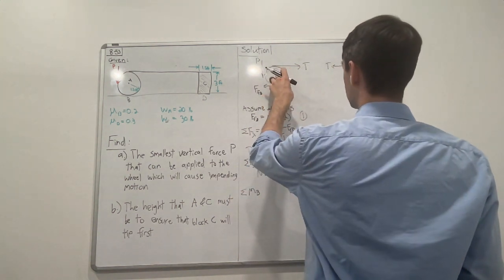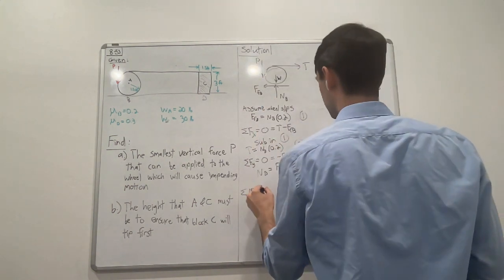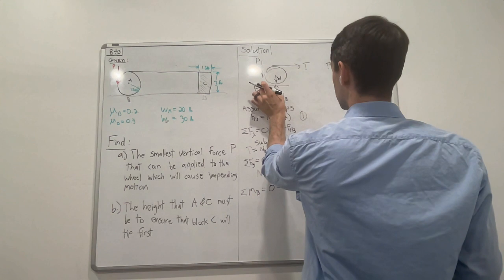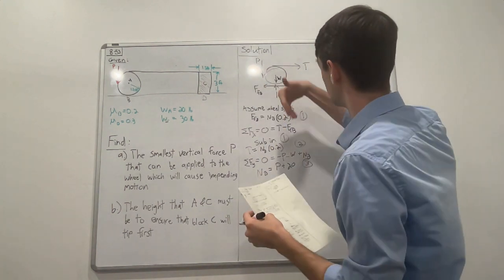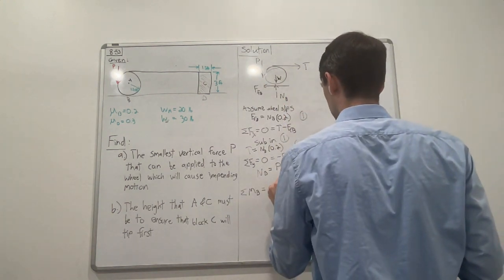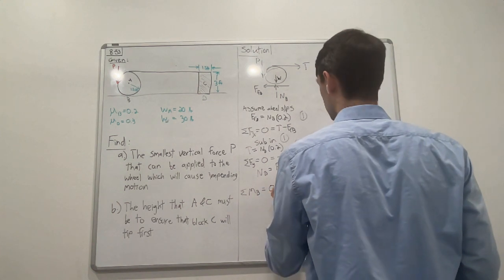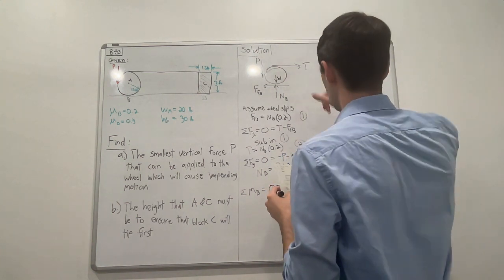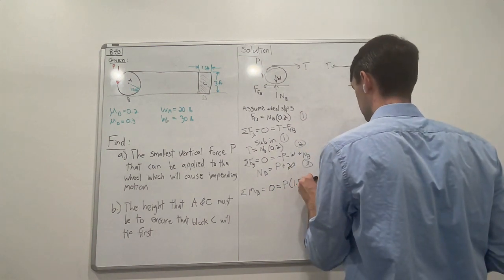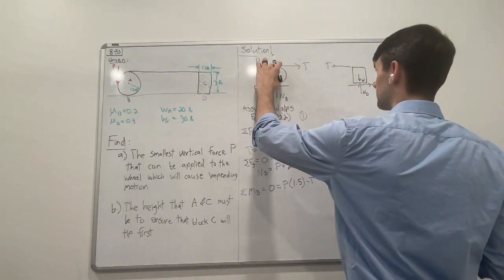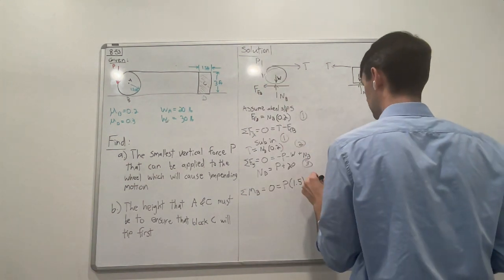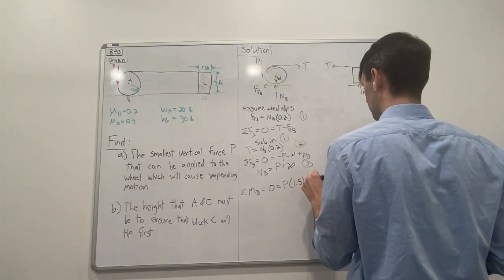It cancels out really everything except for P and T. So the sum of the moments about point B equals 0: I have the radius times P, so I get P times 1.5. And then tension is going to cause a negative moment, so minus tension, but its moment arm is actually the diameter, because I'm doing it at D, not the center. So I get times 3.